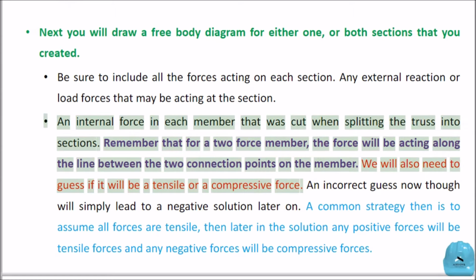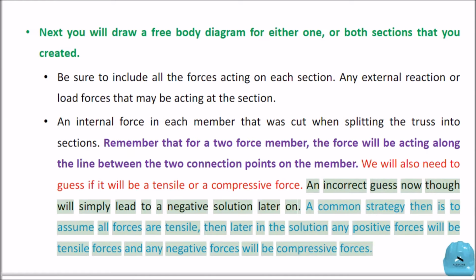Remember that for a two-force member, the force will be acting along the line between the two connection points on the member. We will also need to guess if it will be a tensile or a compressive force. An incorrect guess now will simply lead to a negative solution later on.